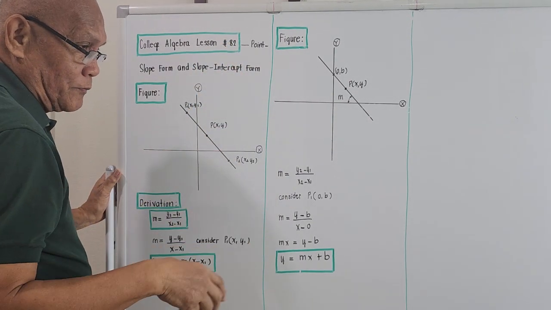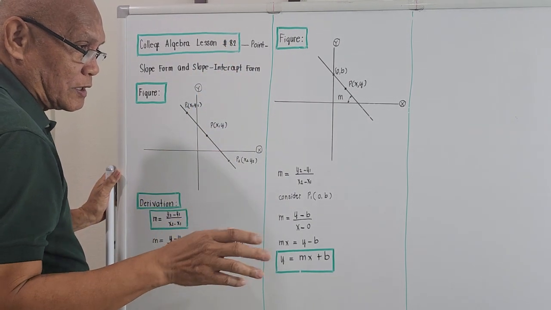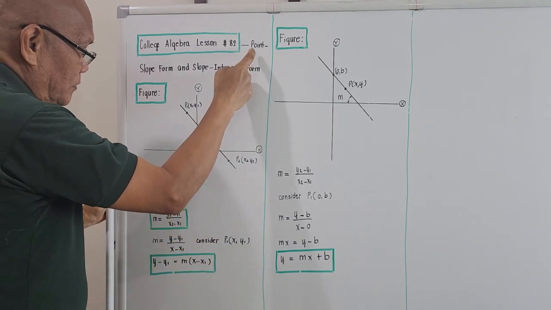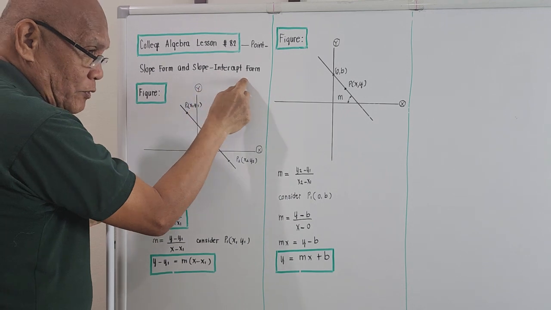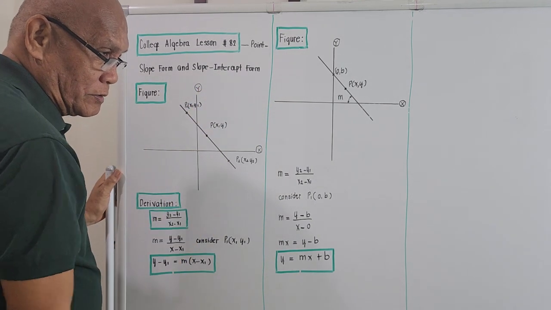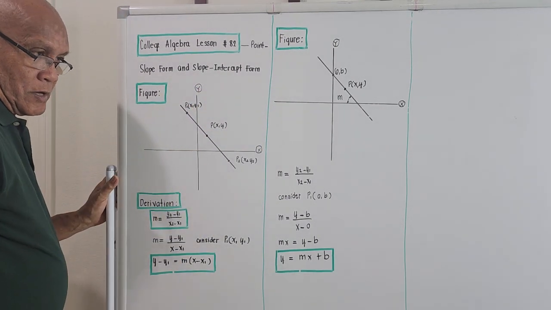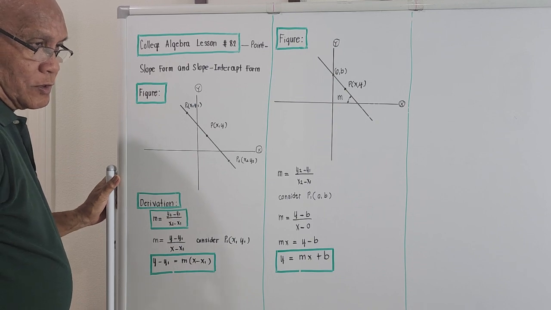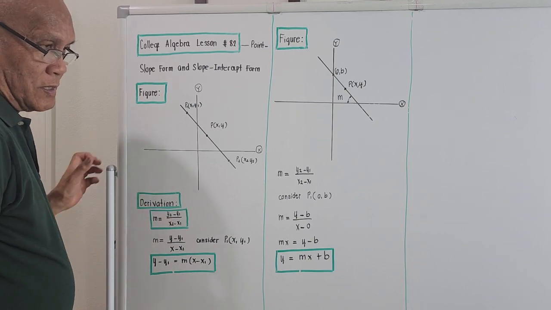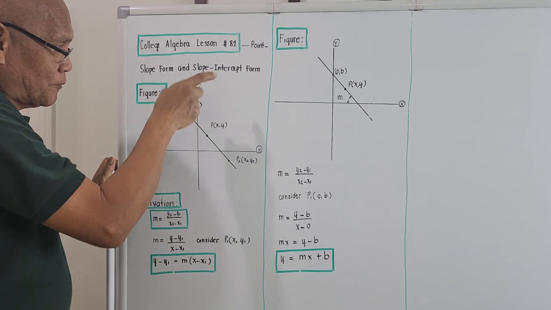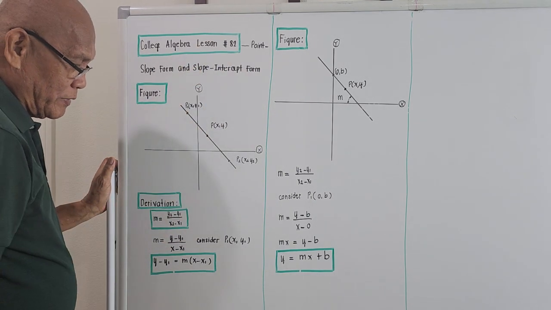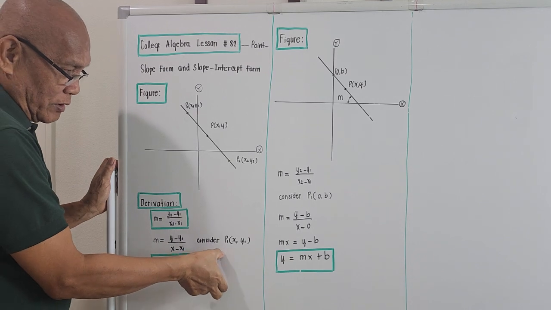There are two topics: the point slope form and the so-called slope-intercept form of linear equations. For this morning, we'll try to derive the general equation for the point slope form and the slope-intercept form, meaning we are to derive these two equations here.